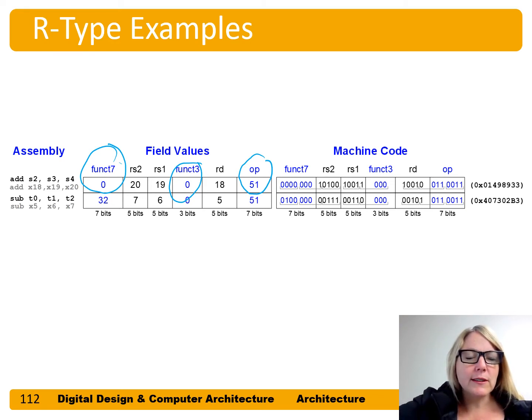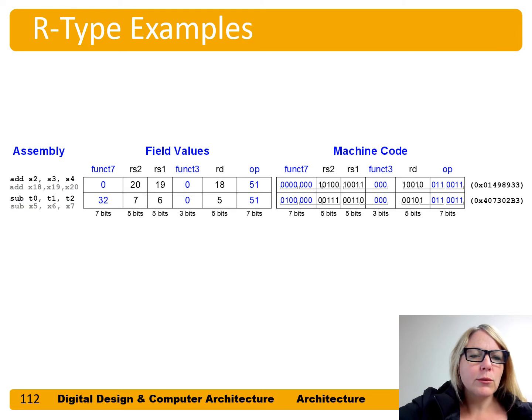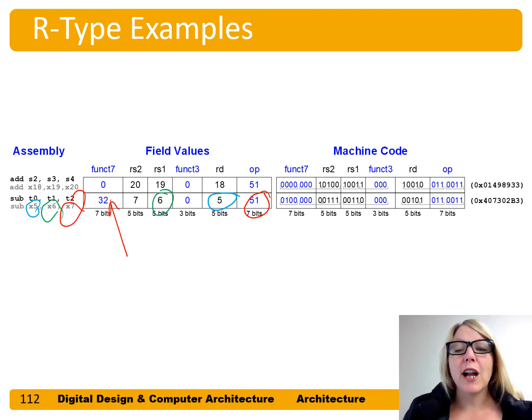Subtract is similar, so we convert the names of our registers to the numbers. So T0, T1, T2 are X5, X6, and X7. So 5 is our destination, and then we have our 2 source operands, 6 and 7. And now, we still have 51 as our opcode, but funct7 is 32 to indicate subtraction instead of addition.